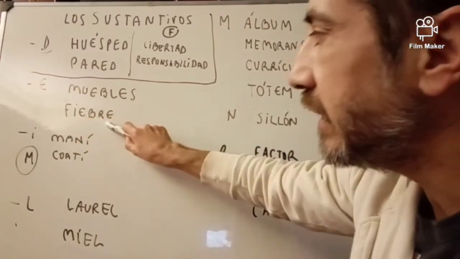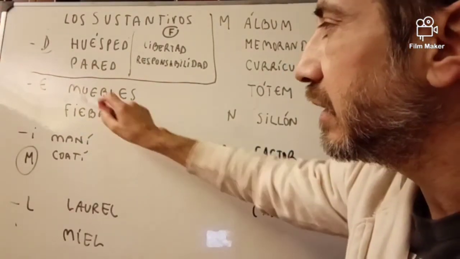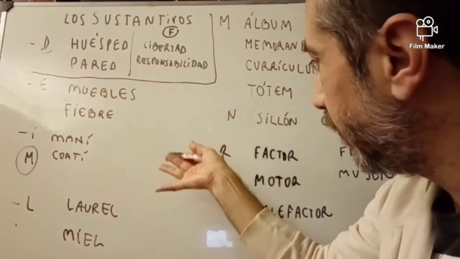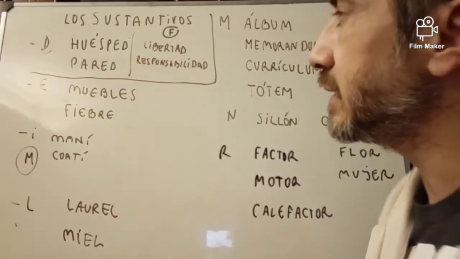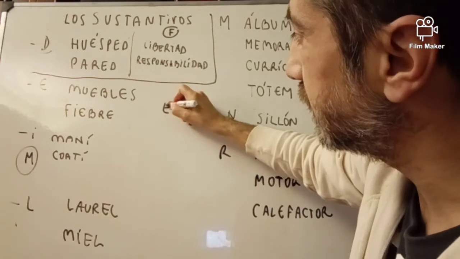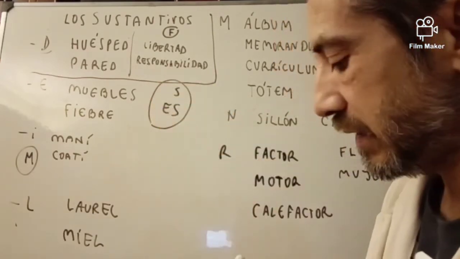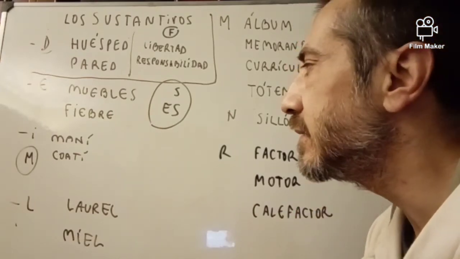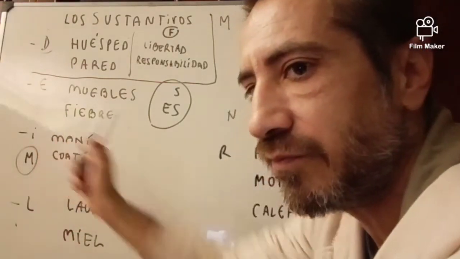And this is feminine, fiebre, fever, la fiebre. El mueble, la fiebre. The rule for the plural is always the same. Huésped, huéspedes, mueble, muebles, this rule, it's always the same. There are, I guess, only two words in Spanish ending with the letter e.